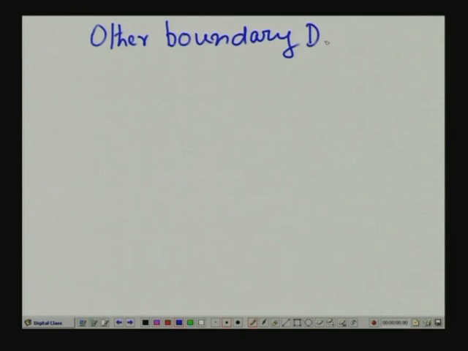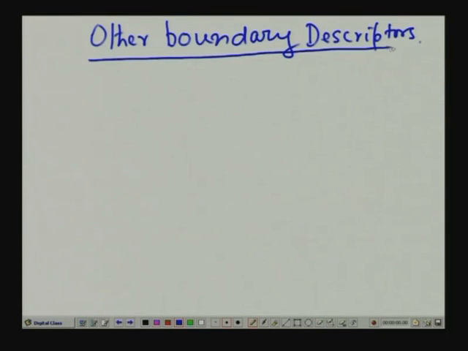So, now let us take up what other boundary based descriptors we can have. So, other boundary descriptors. Another form of boundary descriptor is what is called boundary straightness.